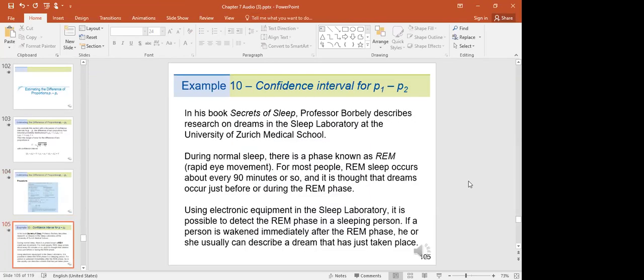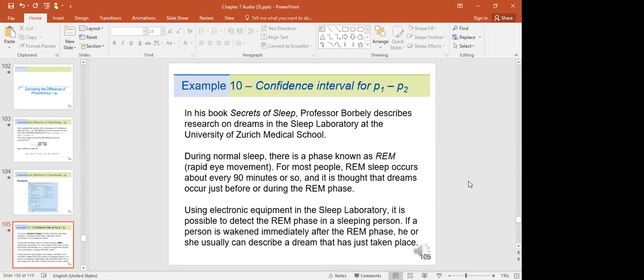So let's look again at a research by Professor Dement on sleep. In his book, Secrets of Sleep, Professor Dement described research on dreams in the sleep laboratory at the University of Zurich Medical School. During normal sleep, there is a phase known as REM, that is rapid eye movement.